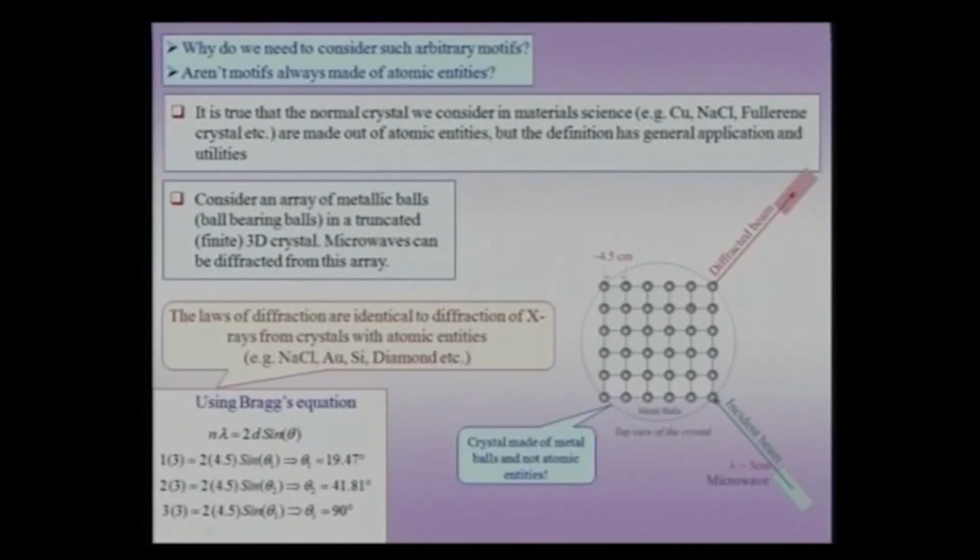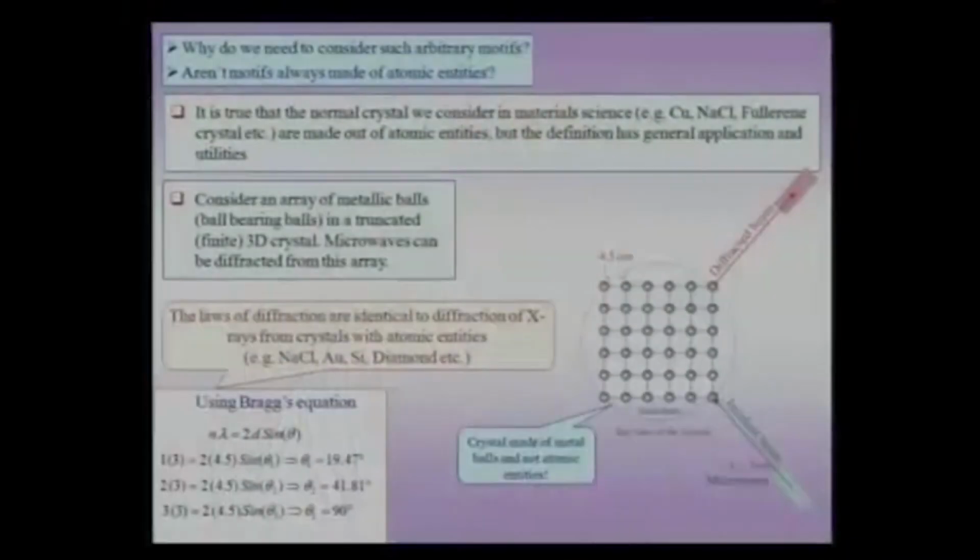Therefore, my language needs to be consistent across these length scales, and I would like to point out that people have made colloidal crystals. In colloidal crystals, these are typically micron sized or submicron sized spheres, which go on to form a crystal. And these spheres themselves could be amorphous, for instance, silica spheres are typically used to make some of these colloidal crystals.